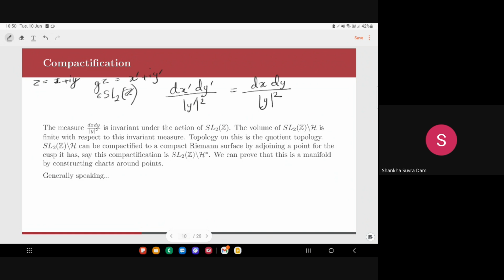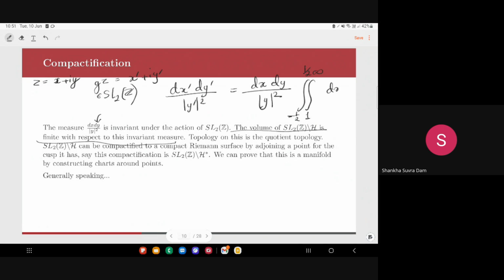The volume of SL2Z quotiented by H is finite with respect to this invariant measure. This basically translates to finding the volume of the fundamental domain with respect to this measure here, basically calculating as x goes from minus half to half, and then y goes from 1 to infinity.